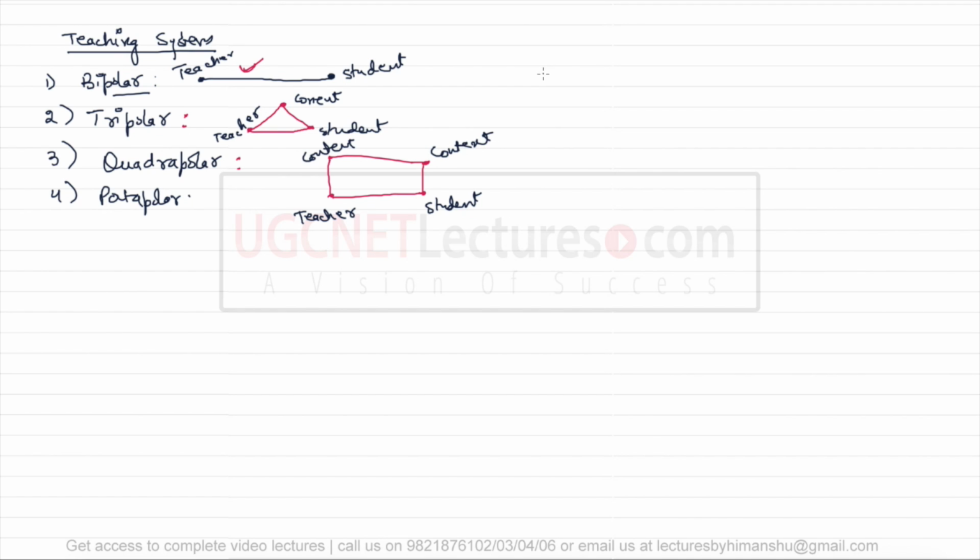When I'm saying content, it means what he is teaching, and context means why he is teaching. Okay, so you can say in case of the quadrupolar teaching system, same content and different context. So according to the context, we are going to change the behavior.